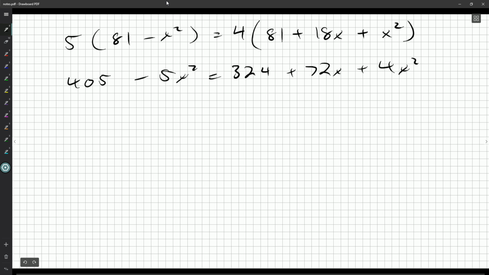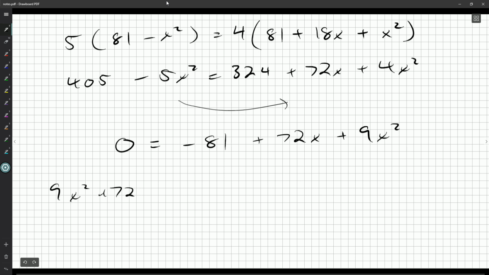We'll bring it all over to this side. So we'll have minus 81, 72x, and then 9x squared. Can we... Oh, we can divide by 9 on both sides. That would work out quite nicely. And we get (x minus 1)(x plus 9).